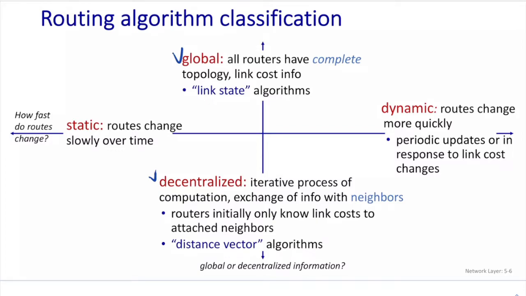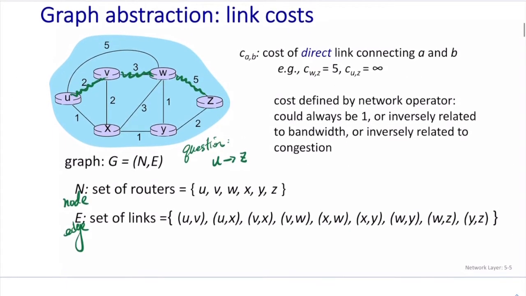And the second part is how fast do routes change. Static means the routes... you can see this graph, including the nodes, the number of nodes, the links, and their cost. If it changes a lot, we have to compute a new good path more often, right?